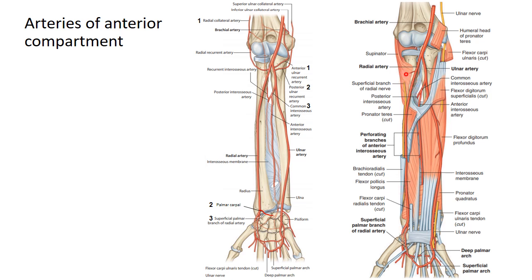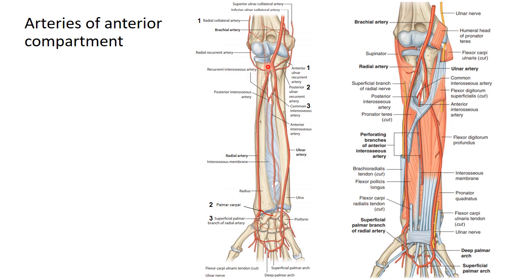What are the branches of the radial artery? In fact I have four branches. The first one is the radial collateral artery, which returns posteriorly in front of the lateral epicondyle to contribute to the formation of anastomosis around the elbow joint.